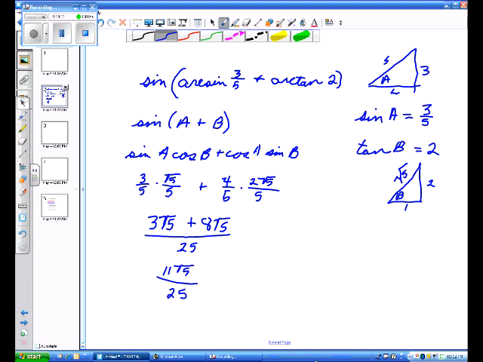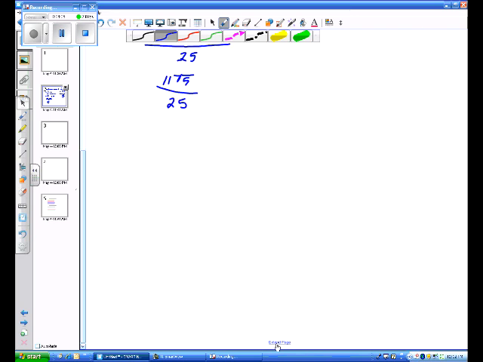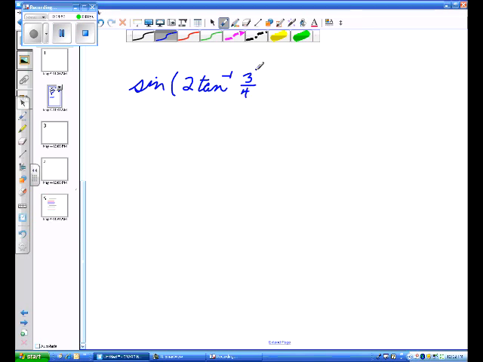Okay, let's look at another one, and in this one we may use a double angle identity. We might want the sine of 2, and I'm going to use the other notation that we have, inverse tangent of 3/4. Remember, inverse tangent and arctangent are the same thing.